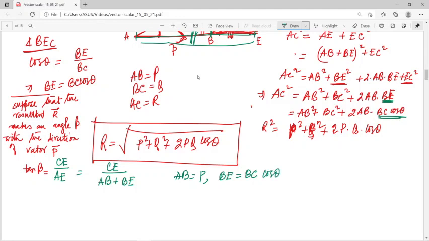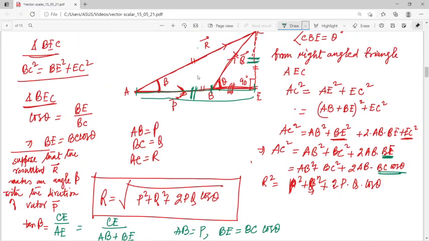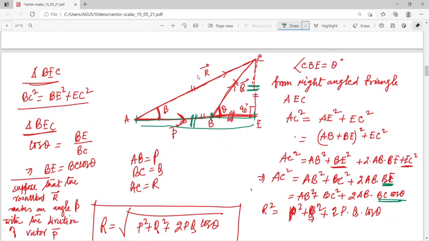So now you have to find the value of CE. If we consider the triangle CBE, then sine theta is CE by BC, so CE equals BC sine theta.